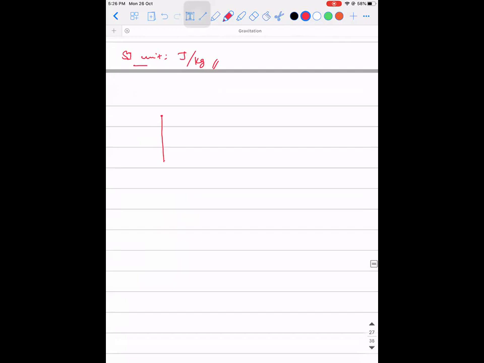There are four masses, each of the same value m. Listen to the question carefully. They are placed at the vertices of a square of side A. Now you need to calculate two things.